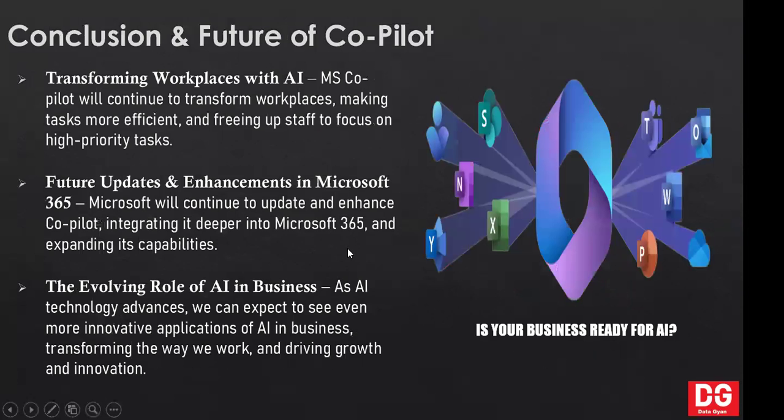So, coming to the conclusion, AI technology is advancing rapidly, and we can expect even smarter features, deeper integrations, and improved accuracy in the coming years. Microsoft is also working on industry-specific versions of Copilot for healthcare, finance, and many more sectors, making AI even more specialized. With Copilot, we are stepping into a world where work is not just faster, but smarter.